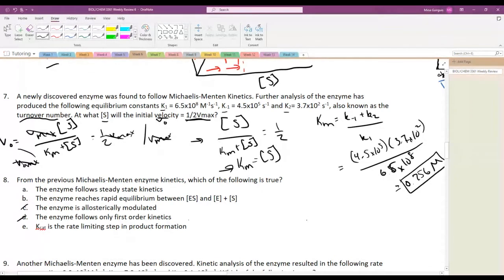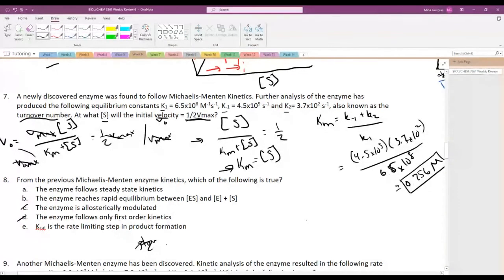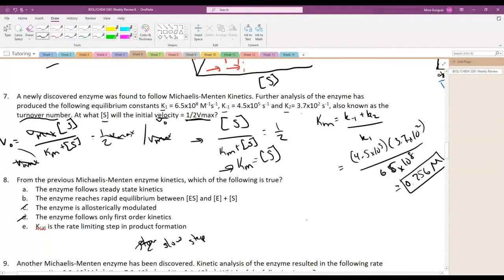So if KCAT is the rate limiting step, then that means that it's the slower step. And as we can see here, K2, it is the slow step, sure. Right? No, yeah, this is right. Okay. So K2 is the slow step. But we never think of KCAT as the slow step.